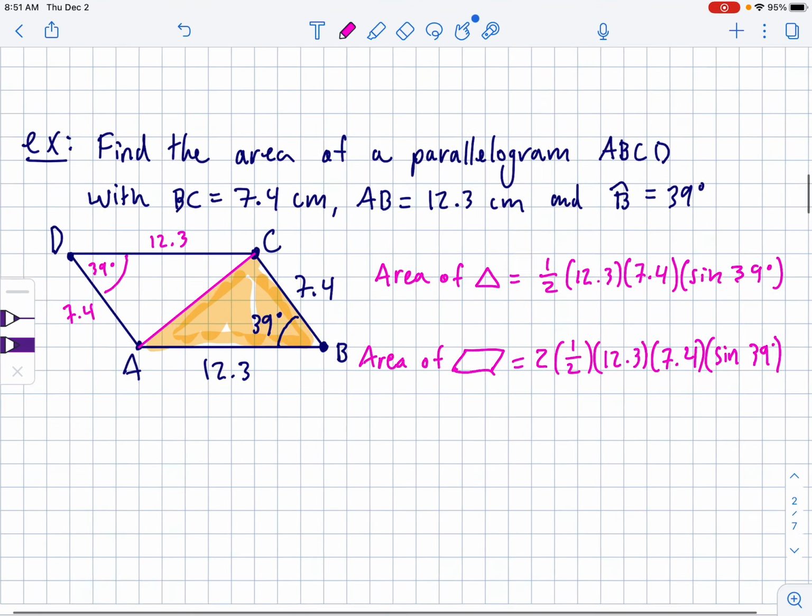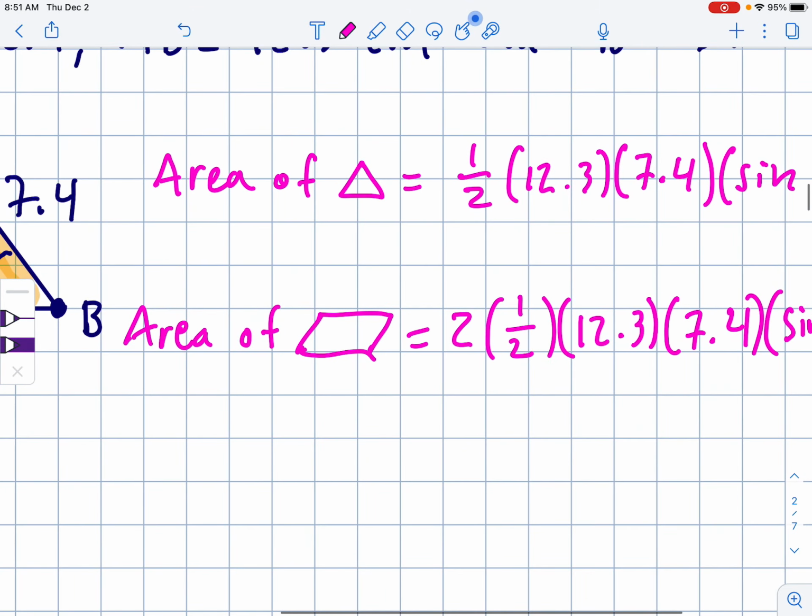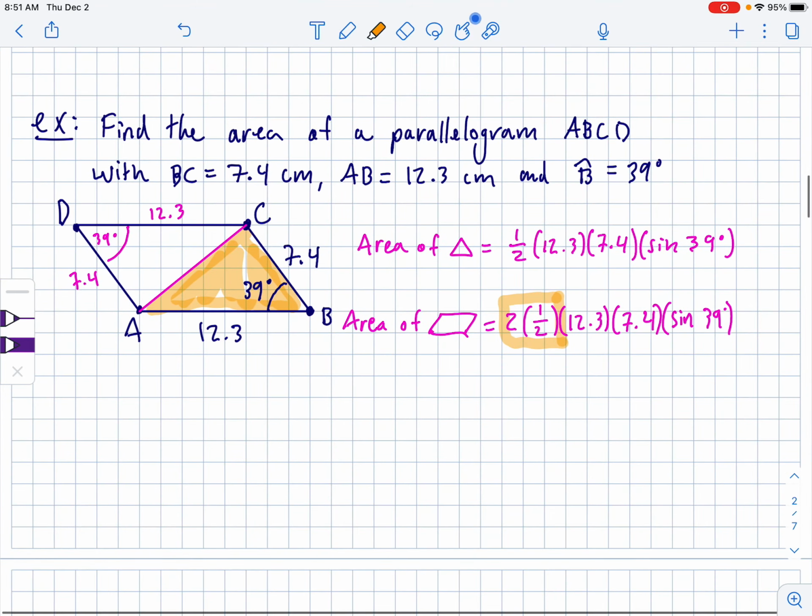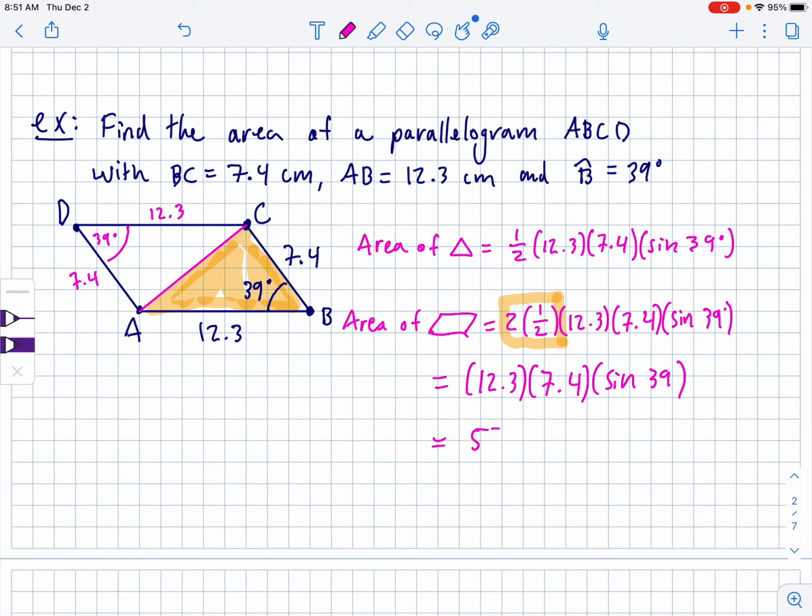Now, we could crunch this all out on a calculator, but I want you guys to realize that if we're doubling the area of that triangle, the 2 and the 1/2 are just going to cancel each other out. So really, we could save a little bit of computation and just do 12.3 times 7.4 times sine of 39. And when we do that, you will get 57.3 centimeters squared.